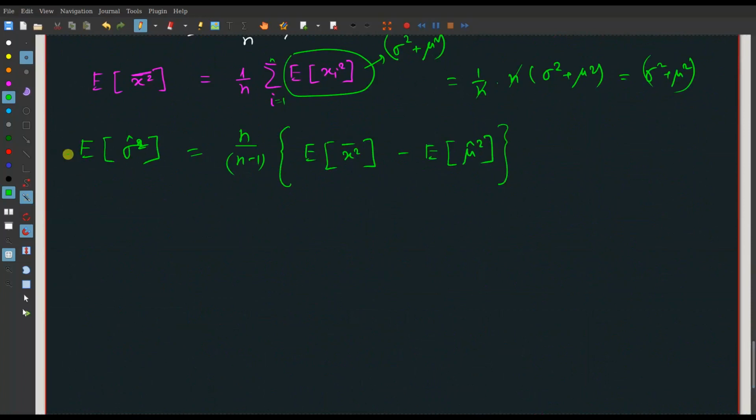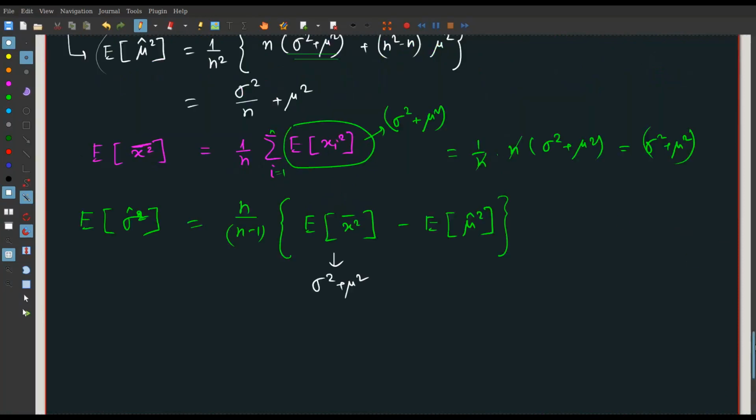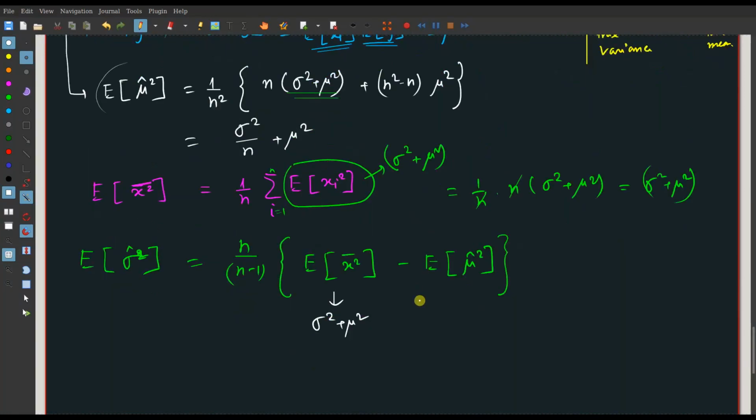All right. Now if you actually substitute these values, so this is sigma square plus mu square, and this is minus sigma square by n minus mu square.